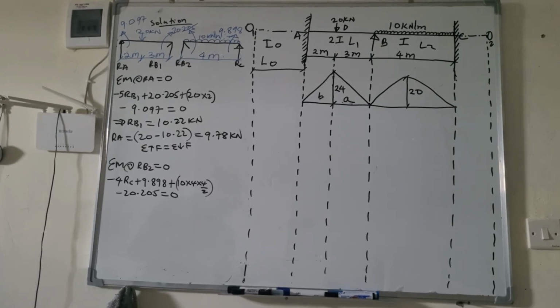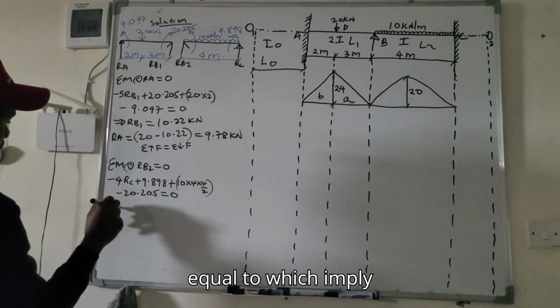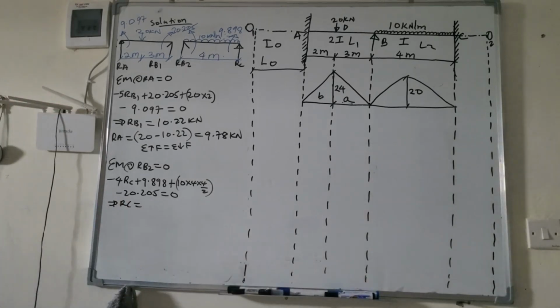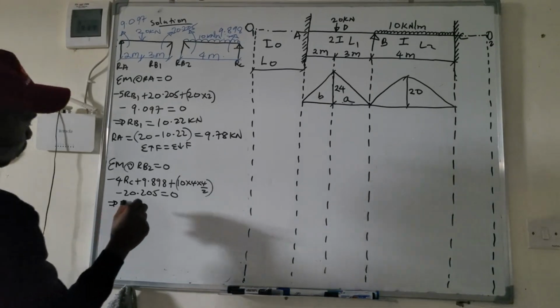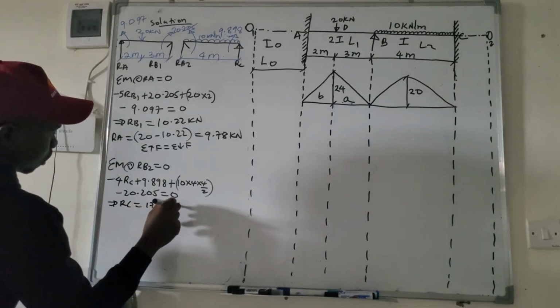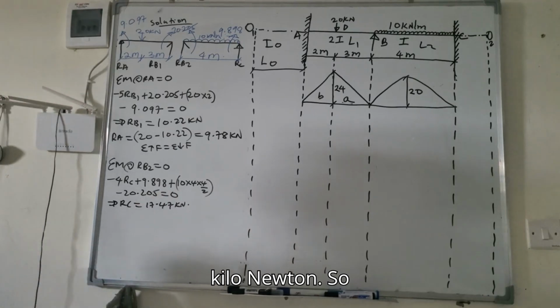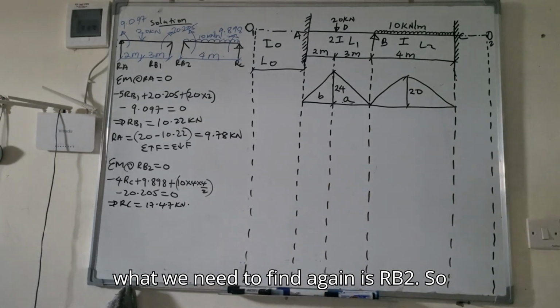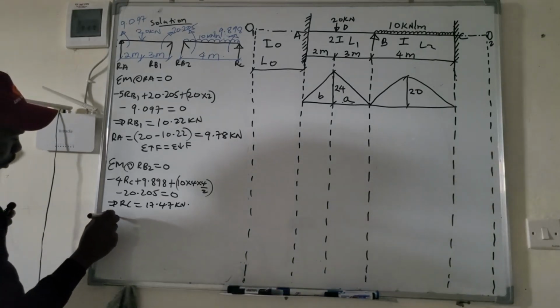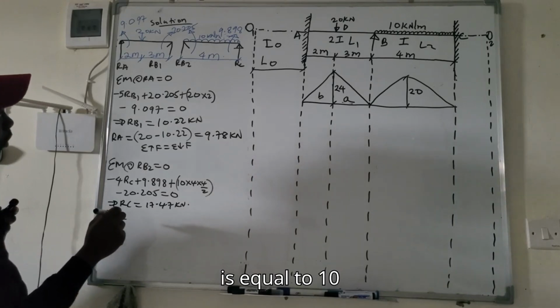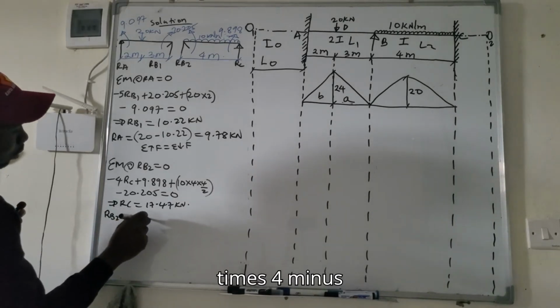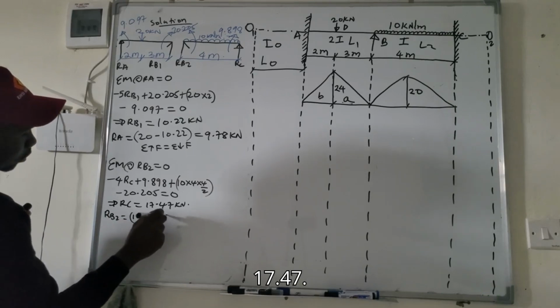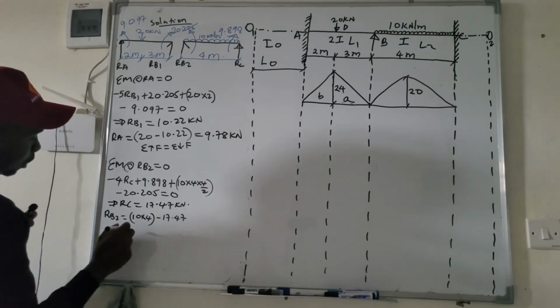Which implies RC is equal to 17.47 kilonewton. So what we need to find again is RB2. So RB2 is equal to 10 times 4 minus 17.47.